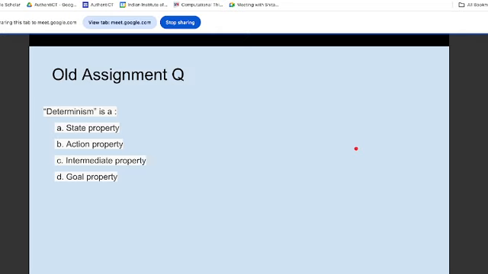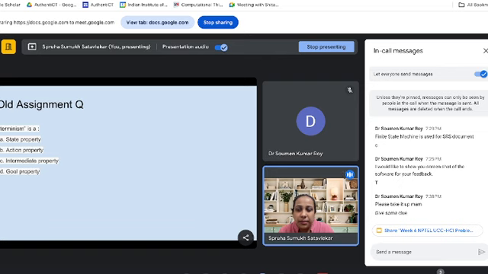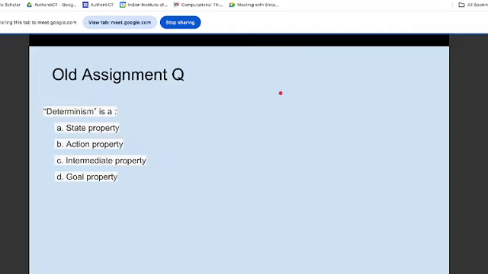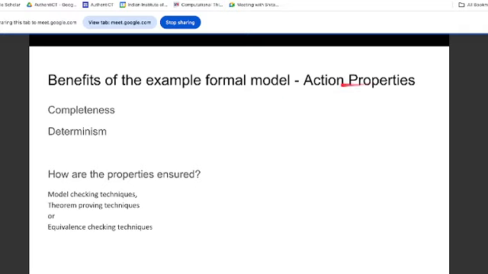Now the next question. Determinism is... for the purpose of this course and the course examination, you can expect this. A state property? Oh no, determinism was an action property.